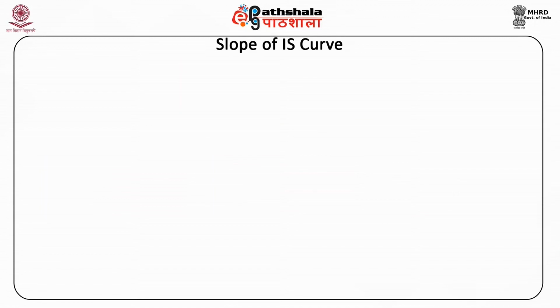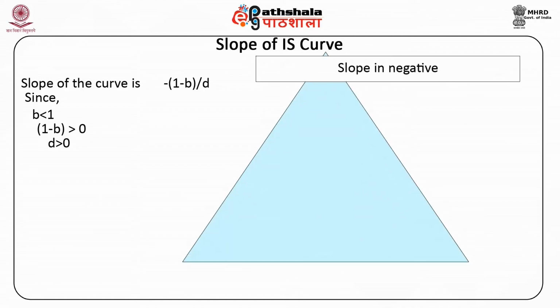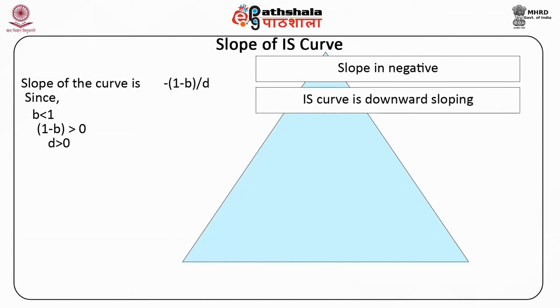As can be seen from the equation above, the slope of the curve is -(1 - b)/d. Since b is less than 1, 1 - b is greater than 0. Also, d is greater than 0. Therefore, the slope is negative, implying that the IS curve is downward sloping.